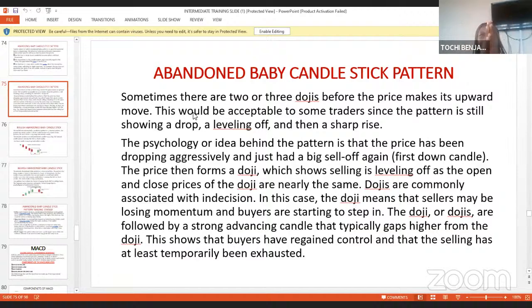The baby candlestick, which can also be a hammer or a doji, will gap up and have its own space, like a baby that is being abandoned by his or her parents. Then the third candlestick will also gap down.